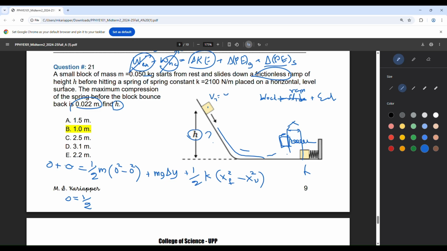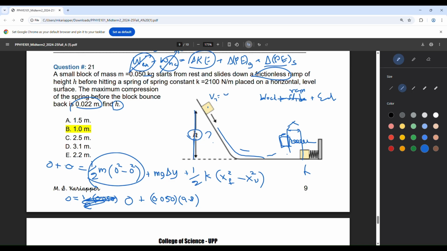Half m is 0.05. Do I need to bother with this? Because the whole thing is 0. Plus m is 0.05, g is 9.8.